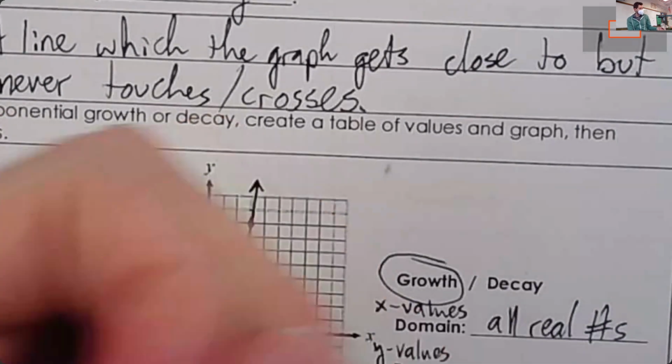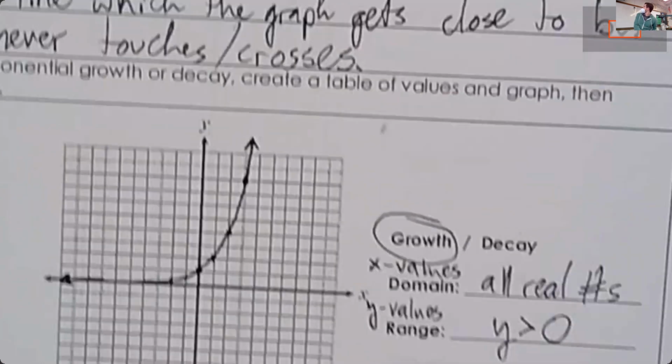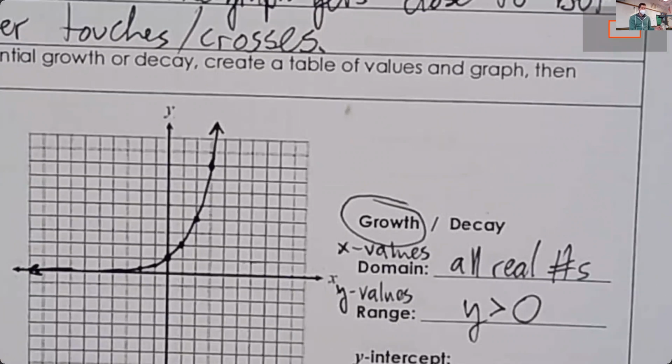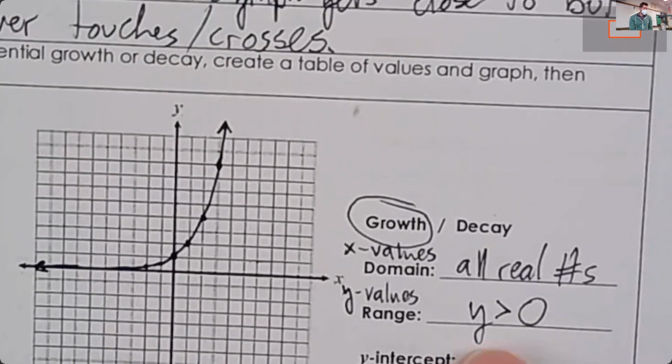And so the range, the possible y values, are all values of y that are greater than 0. So for the range, we're going to say y is greater than 0, because every y value will be more than 0, but it'll never be equal to or less than 0. So everything that is above 0 on the y-axis is a possible value for y.